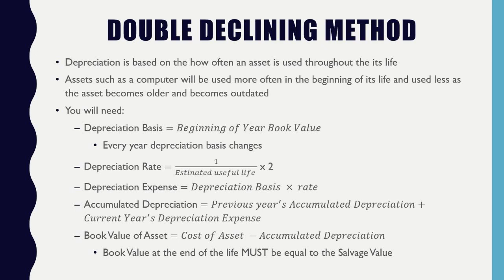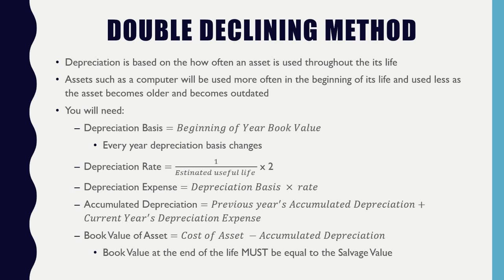Second thing that we're going to be looking at is our depreciation rate. In units of production, we call that a per unit rate. You can refer to that as depreciation rate as well, but in this case it makes more sense as a per unit rate, because what you're figuring out in units of production is how much it's going to cost you for every item or unit that you produce. In this case, the depreciation rate functions differently. This time, we're spreading the cost amongst its lifespan, meaning the estimated useful life.